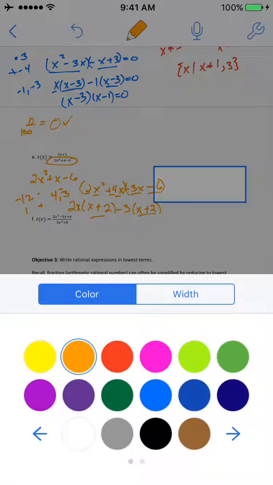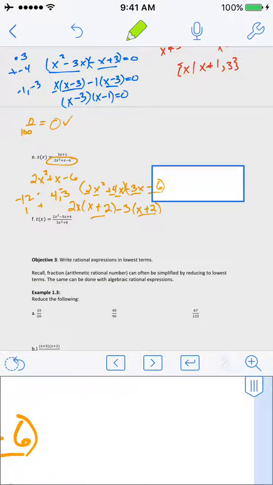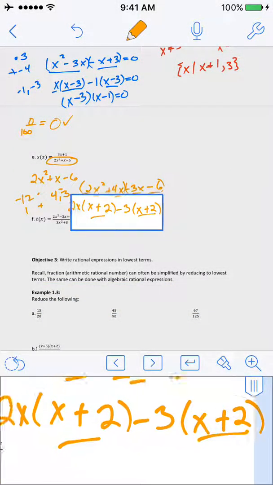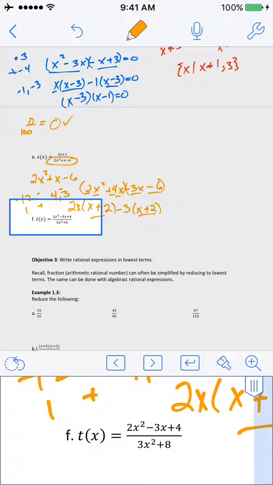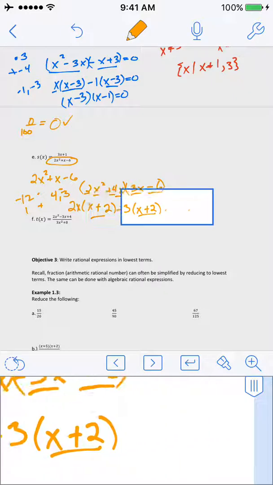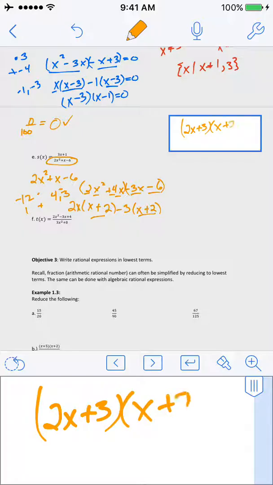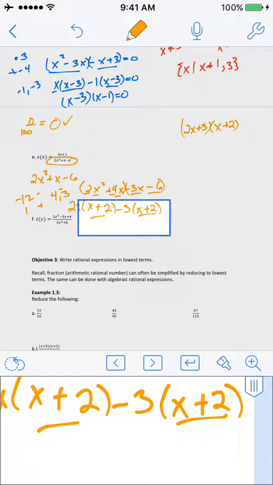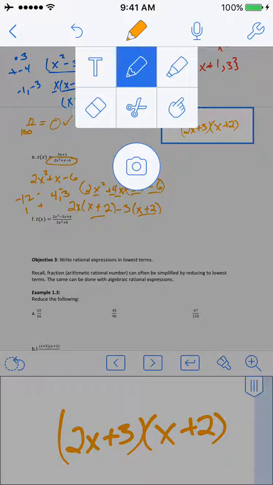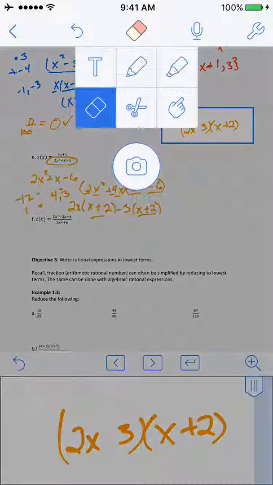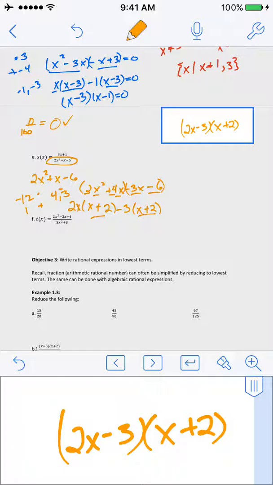I don't know why I changed colors, my apologies. I'll write it up here. So I took out the x plus 2, and I'm left with 2x, pardon me, minus 3, not plus 3. 2x minus 3.